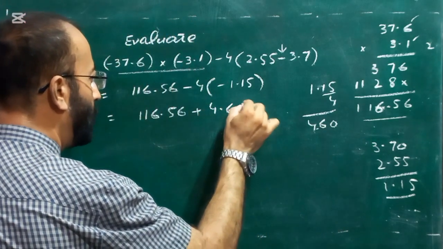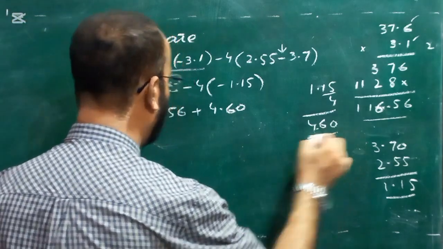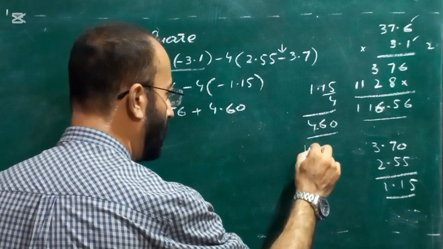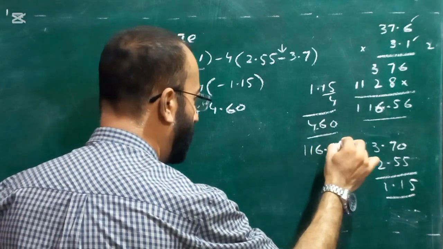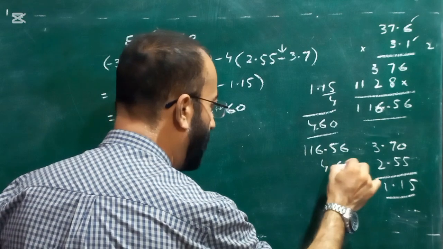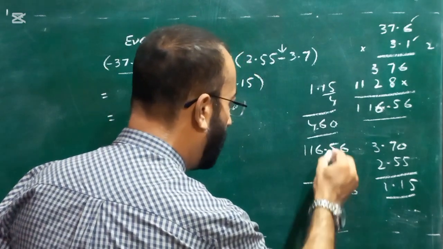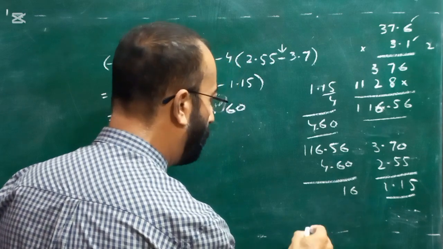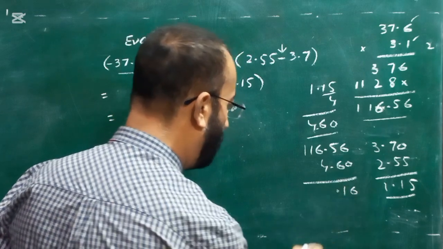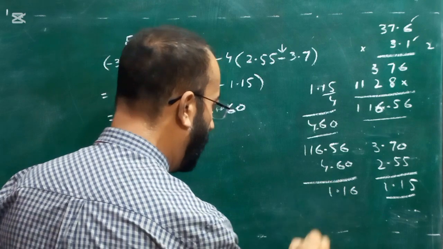So this is the stage now. At this stage, these 2 decimal numbers are going to be added. Look, 116.56 and this 4.60 is going to be added with this number. So 6 plus 0, 6. 5 plus 6, 11, 1 carry. This point will remain as it is now. 6 plus 4, 10, and 1, 11.